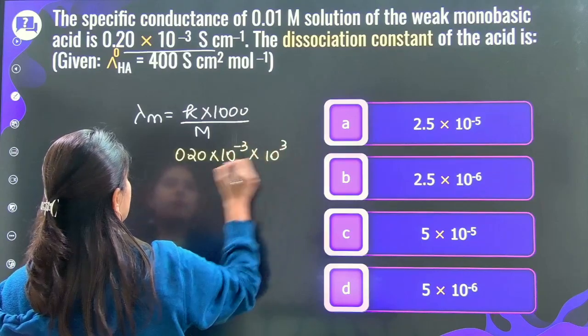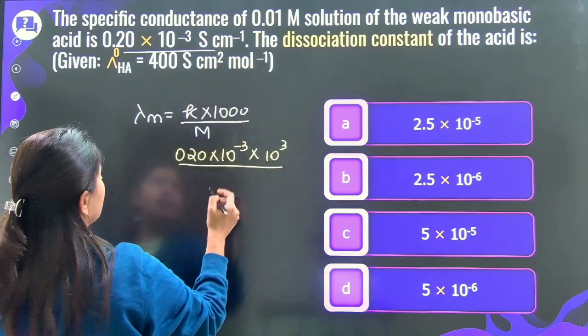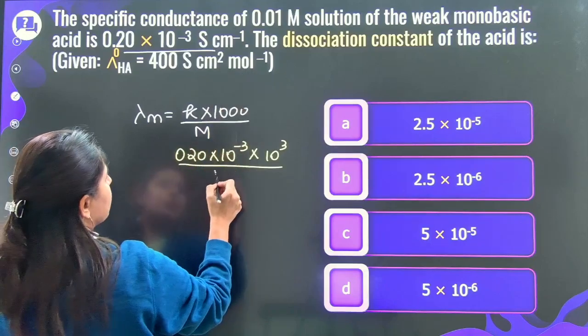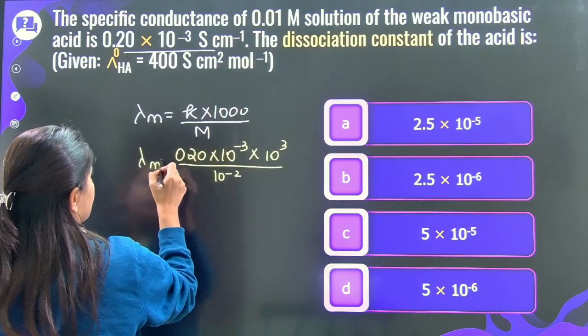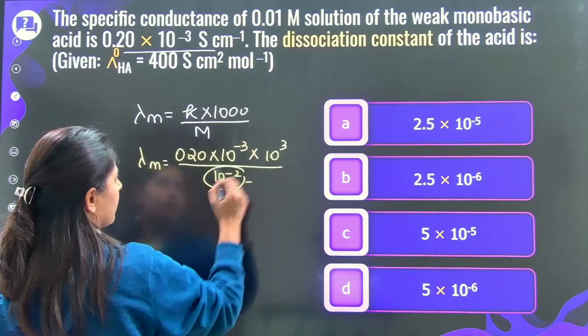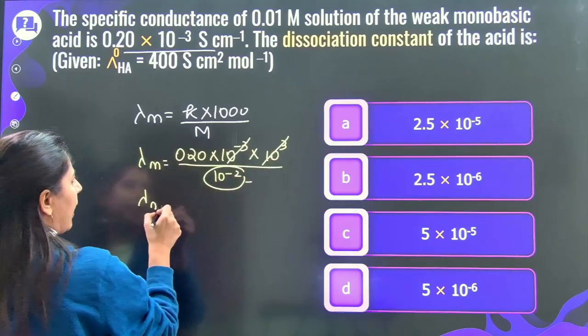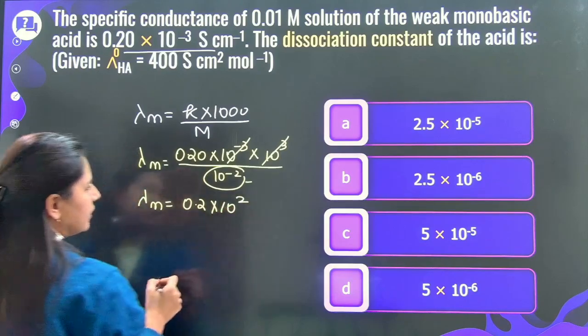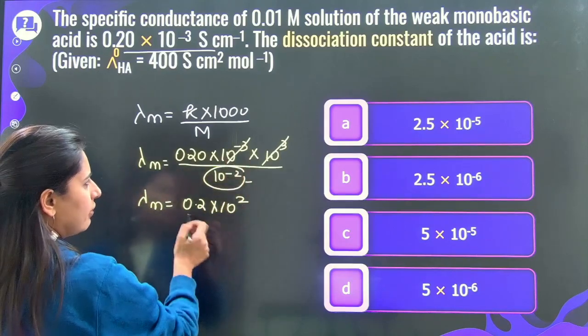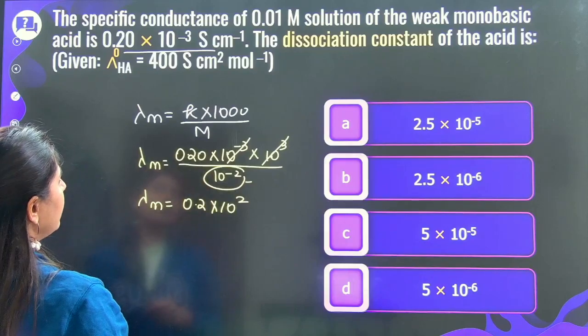So 10 to the power 3 we have to multiply with, divided by the molarity given to us, 10 to the power minus 2. This is your lambda m. This cancels out, so you get lambda m equal to 0.2 into 10 to the power plus 2, isn't it? This goes above, it becomes 10 to the power plus 2, correct?